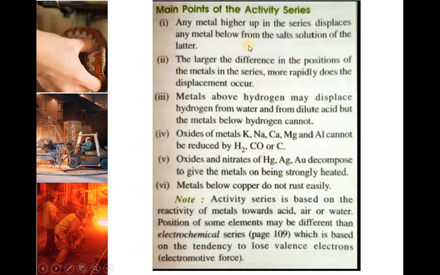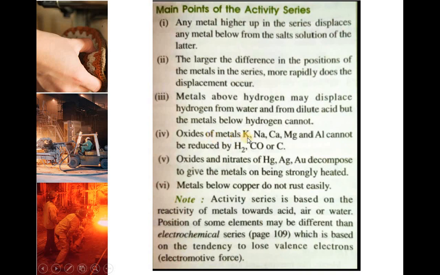The main points in the activity series: any metal higher up in the series displaces any metal below it from the salt solution of the latter. The larger the difference in the positions of the metals in the series, the more rapidly does the displacement occur. Metals above hydrogen may displace hydrogen from water and from dilute acid, but the metals below hydrogen cannot.